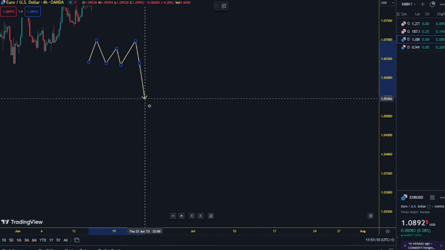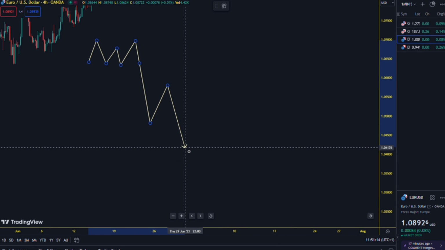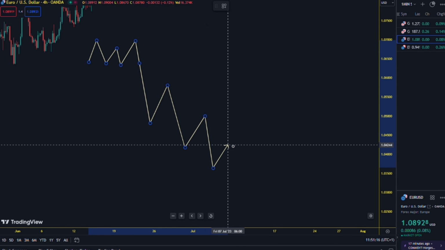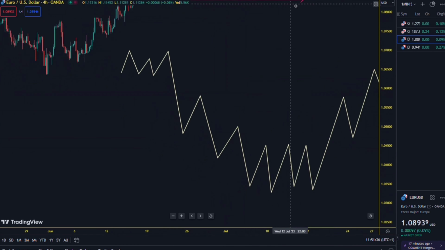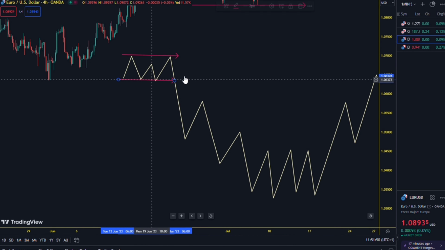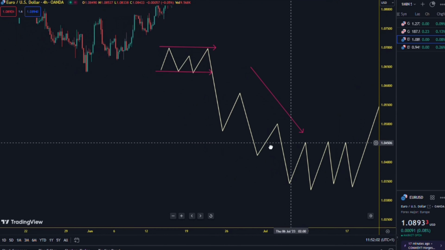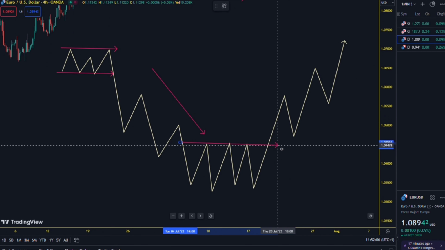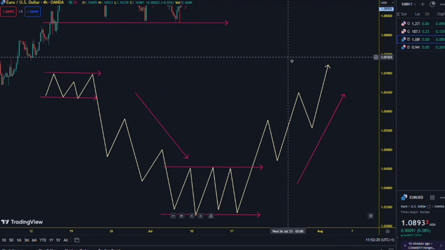Then price is going to either break to the downside or break to the upper side, and after that you're going to see situations like this. Right here is the ranging phase, and at this point we have the ranging phase again. These are the types of phases that you're going to be seeing in the chart.